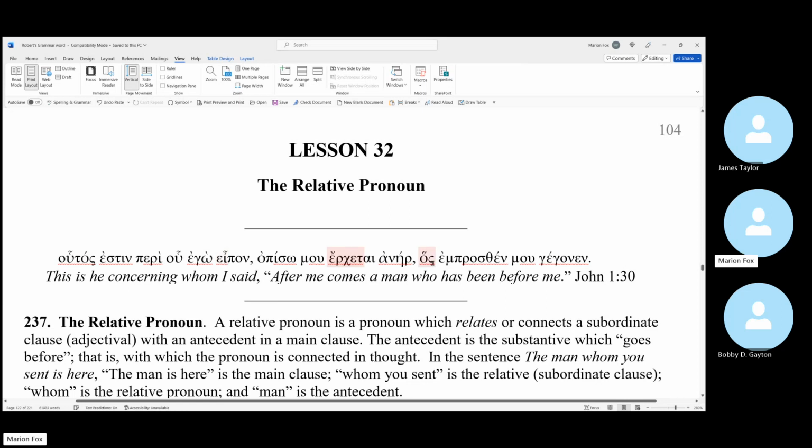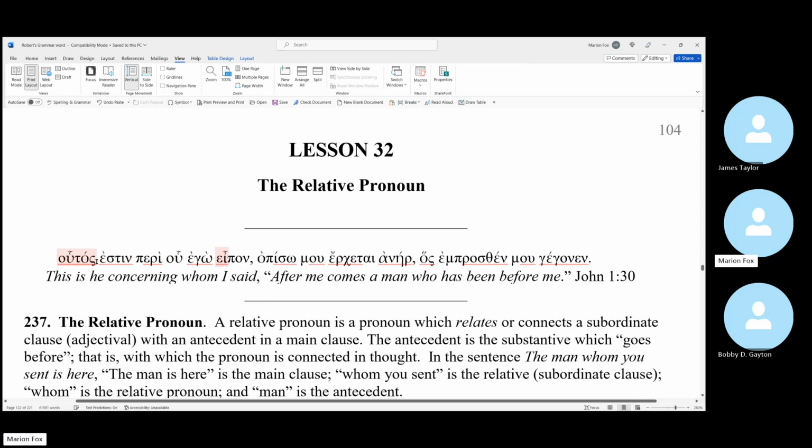Emprosthen mou gegonen. All right, we have several pronouns here, so we have a pretty complex sentence.